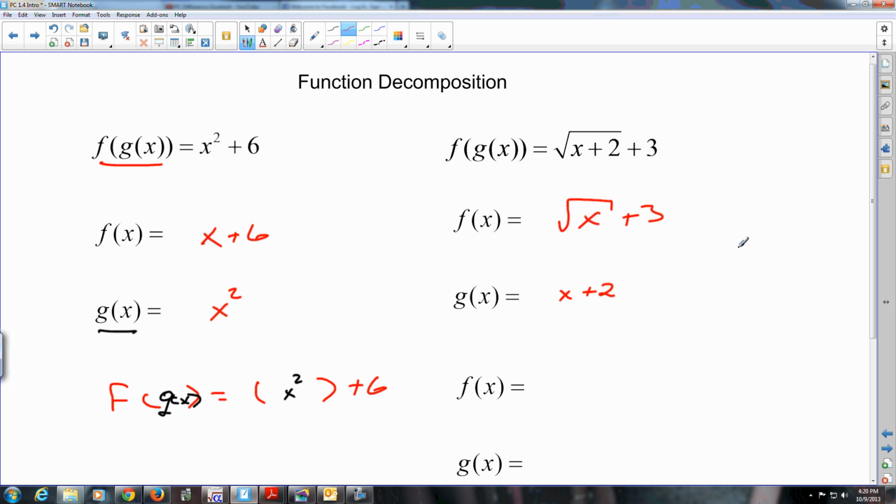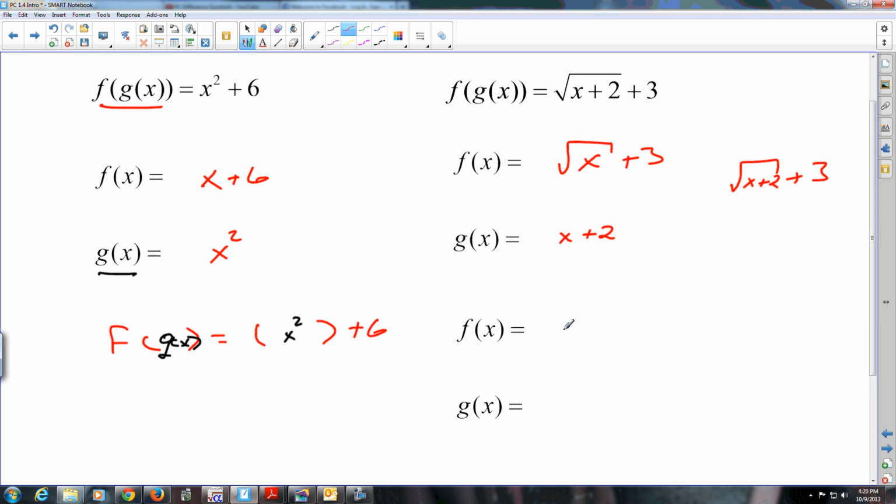So when you do the composition, write f of x without the variable, stick g of x inside it, there it is. Okay? Another alternative would be, how about just x plus 3? Well, then that leaves this thing has to be x plus 2. So when you do the composition, there you go. I'm not thinking that either one of these is particularly better than the other, but they're options.